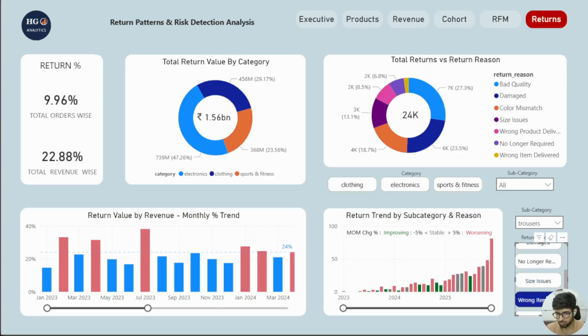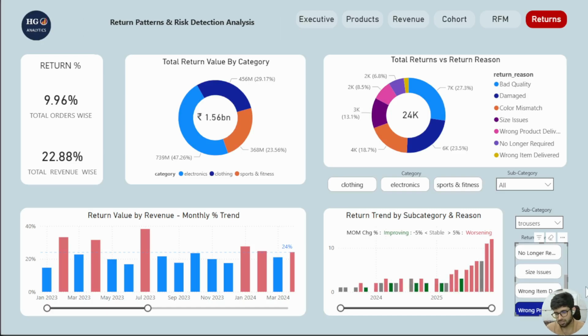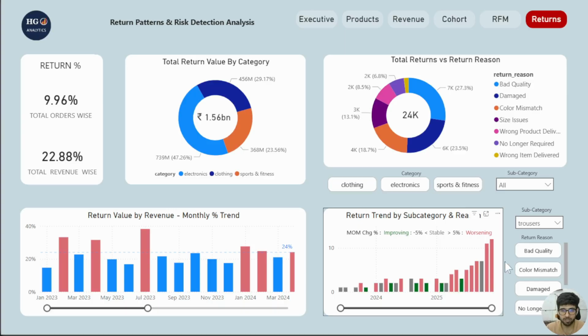Firstly, this is synthetic data, so it has some kind of sync across this. If it was completely real data, then you would see big patterns in it, but this is still an insightful pattern. So this is the returns section.